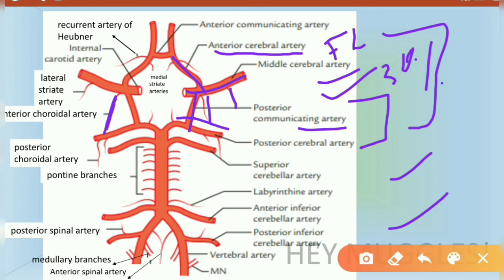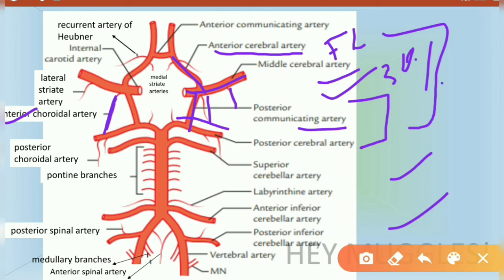The anterior choroidal artery is the artery most susceptible to thrombosis, and therefore it is referred to as the artery of cerebral thrombosis, right? And it supplies the structures in the brain that are important for motor control and vision.